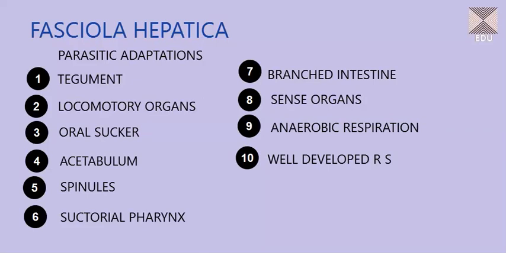So due to this great mortality rate, this animal has developed a large number of eggs for ensuring the next generations. That's why we call it a well developed reproductive system.